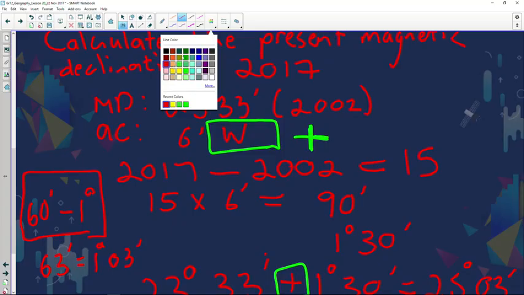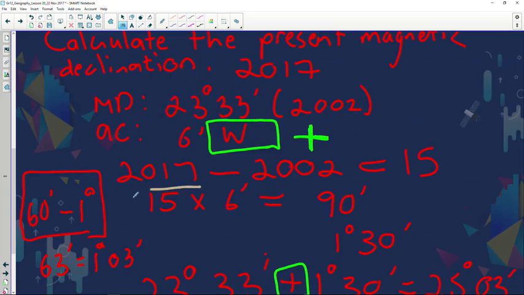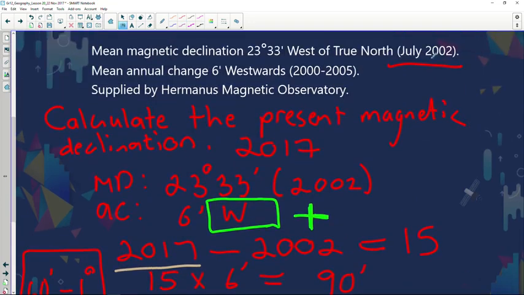And because it's moving west, we're going to add it to the magnetic declination. So we want to see what the present magnetic declination is, so we take our present year of 2017 and subtract when they recorded the mark, 2002, and we got a total of 15.